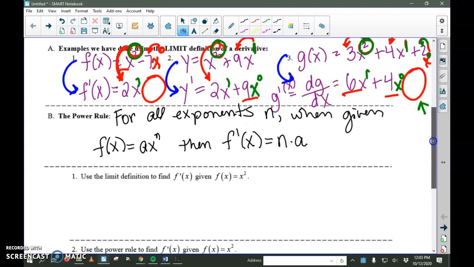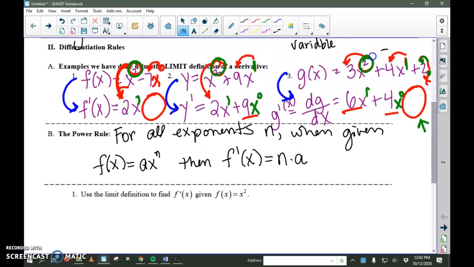That's what we did up here. Up here in 3x squared, I said my exponent's 2 times 3. That's how I got this 6. Then x, and I'm going to subtract 1 from that exponent to get the new exponent.